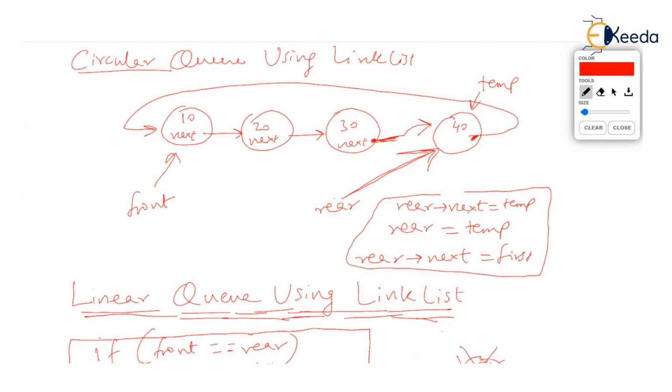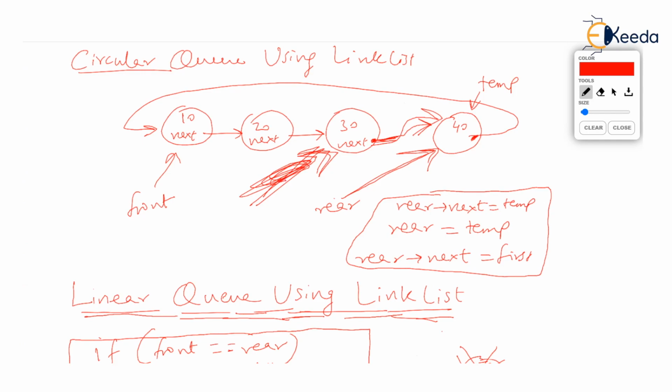Just create a new node, ask temp to point there, store the data, and then wherever rear was pointing earlier, rear was pointing to 30, rear arrow next should point where temp is pointing. Then ask rear not to point to 30, but to point to temp, so rear will get repositioned to the latest node.